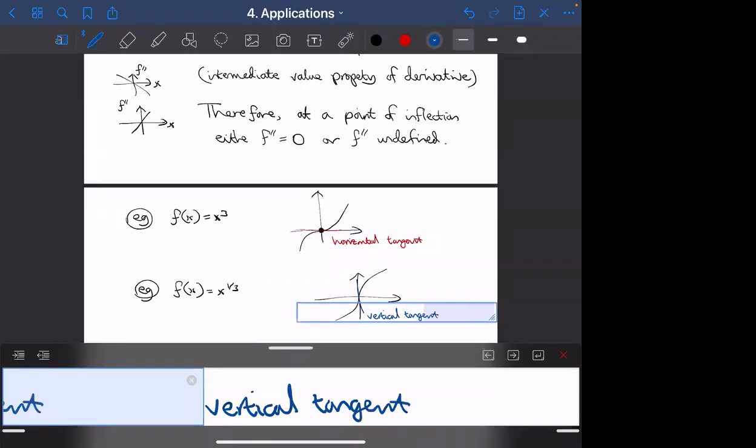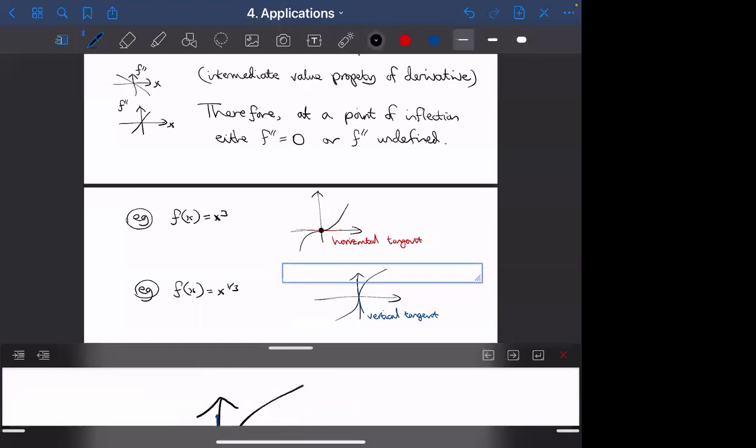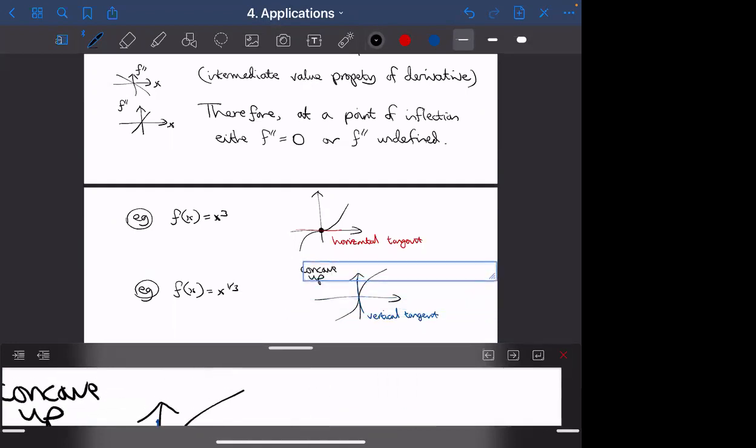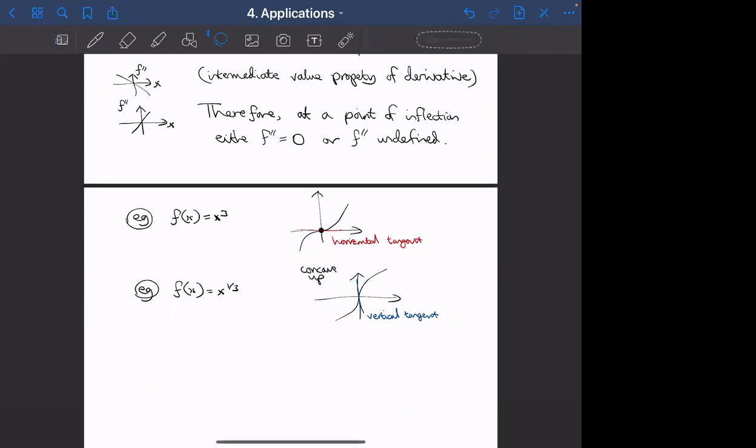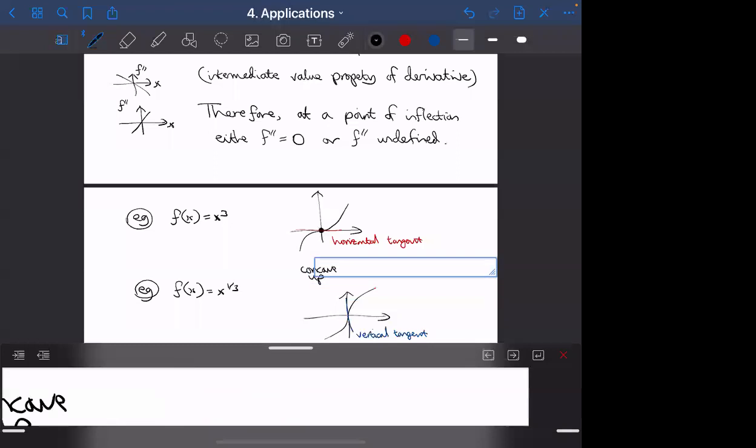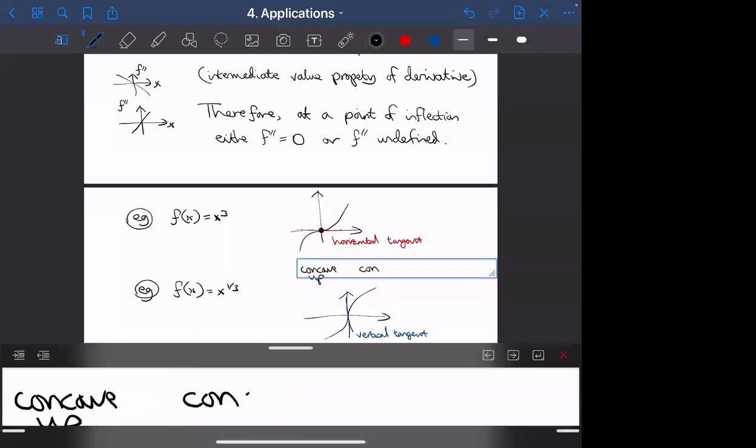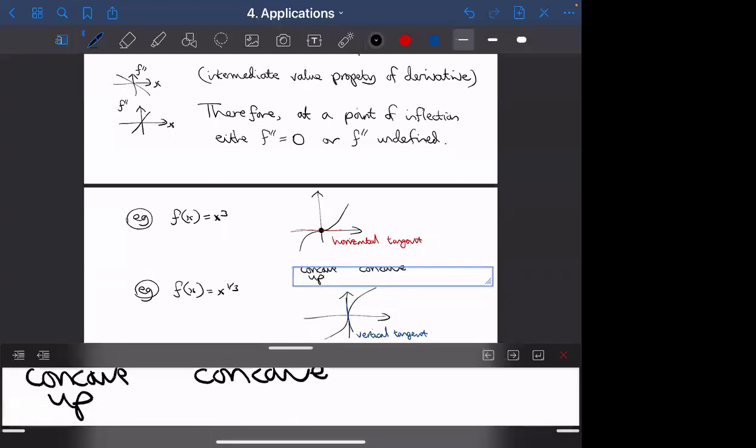And we're going from concave up here to concave down here.